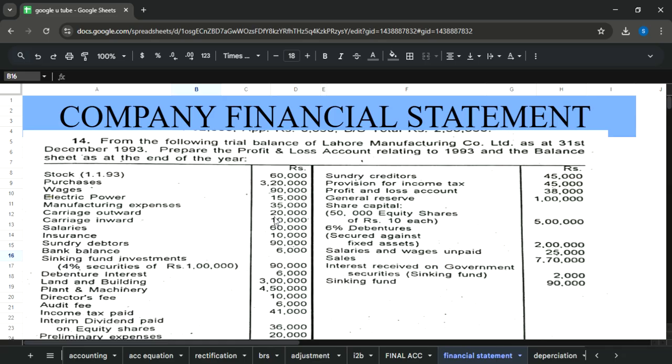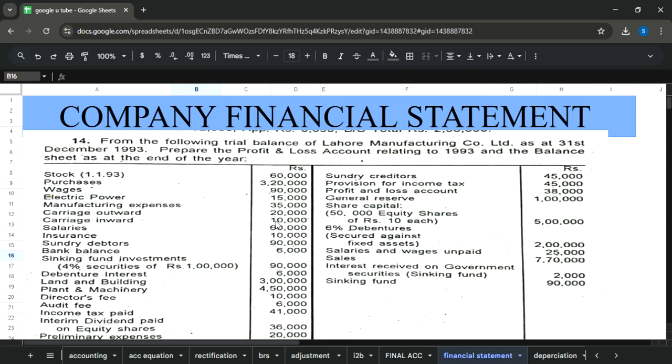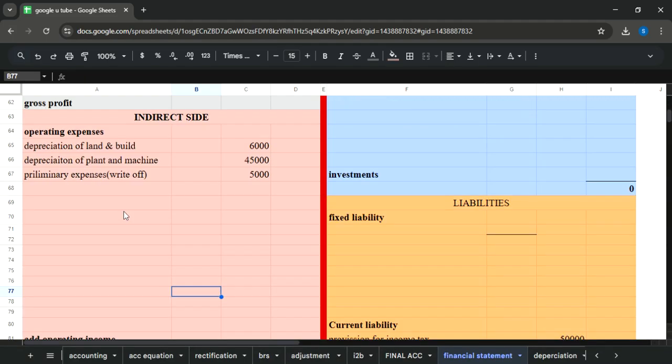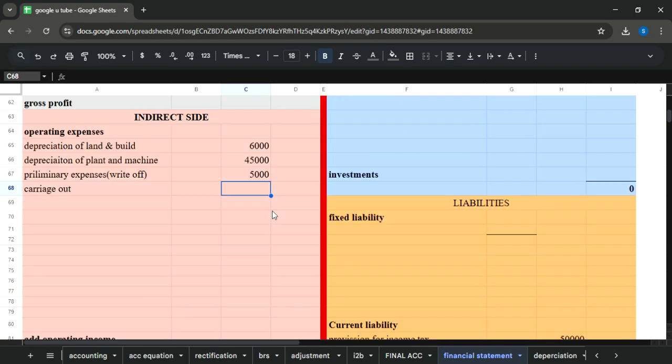After manufacturing we were having carriage out and then inward. Now the full amount is 10,000. Put it over here. And you can see that we were also having carriage out. So it is part of the indirect side. Carriage out. Let's put the amount and that is 20,000 in the operating expense side.